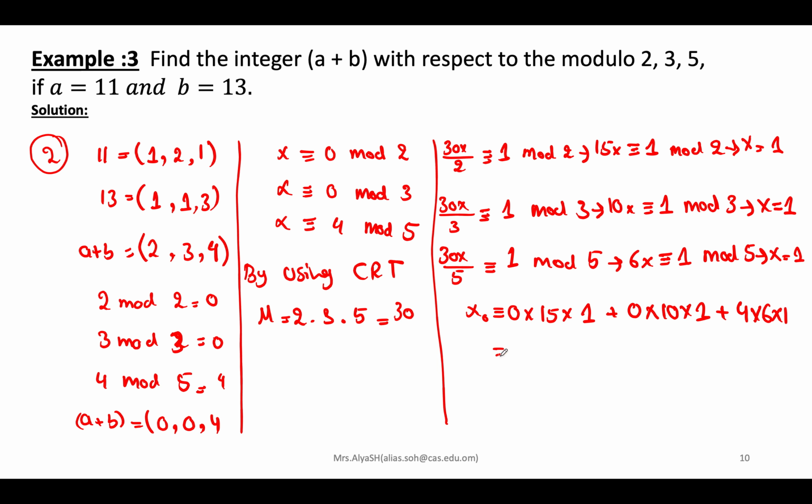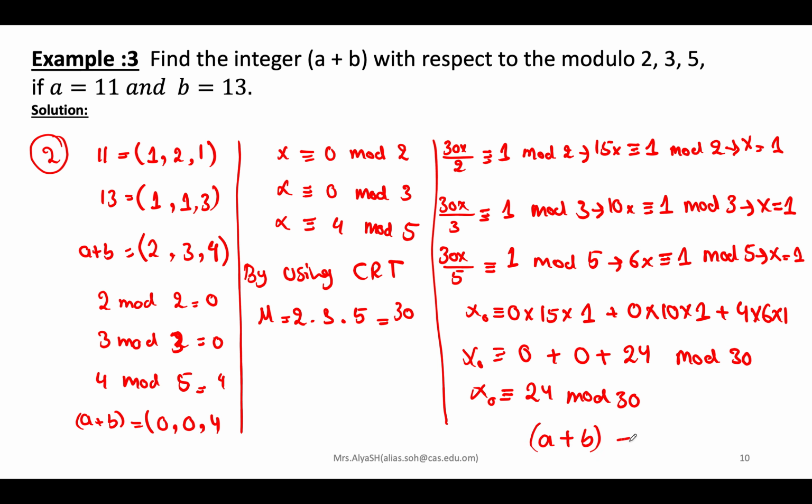Then we got here that x naught is equal to 0 plus 0 plus 24, all of these mod 13, and here we got that x naught is congruent to 24 mod 13, and from here A plus B is equal to 24 with the modular representation 0, 0, 4.